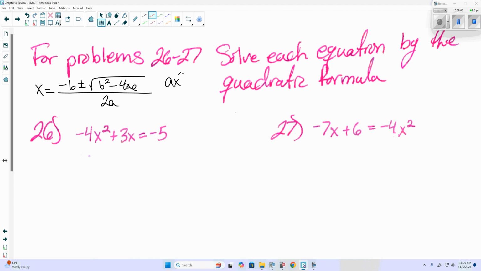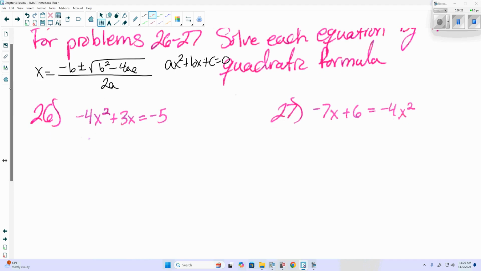And this is again matching up to our ax squared plus bx plus c is equal to 0. We do need to get this equal to 0 for us to be able to solve these.